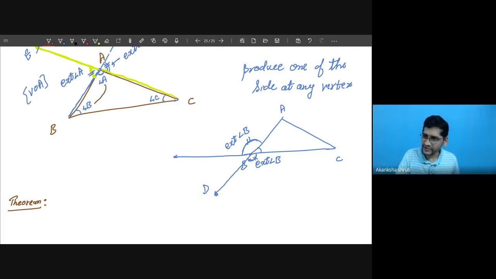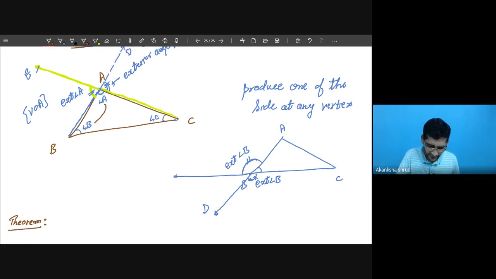Let me consider the first figure, say A. For angle A, angle B and angle C are the two opposite interior angles. If we consider B, then it is angle A and the other opposite interior angle is angle C. So these are the interior angles.